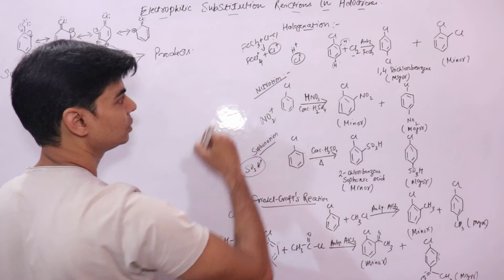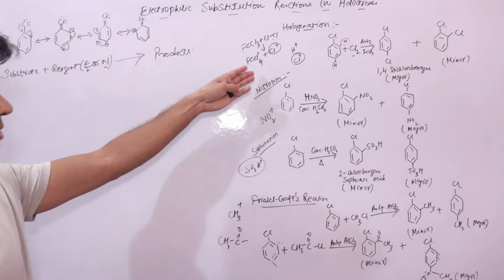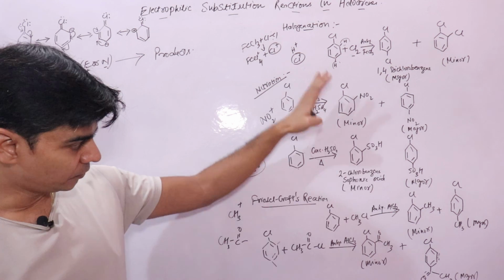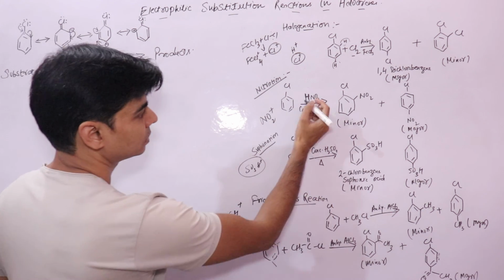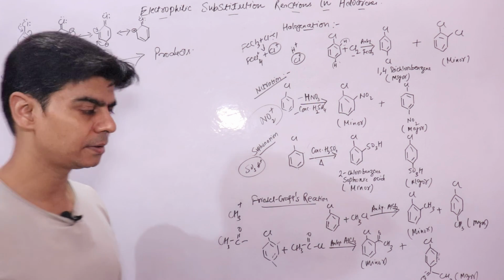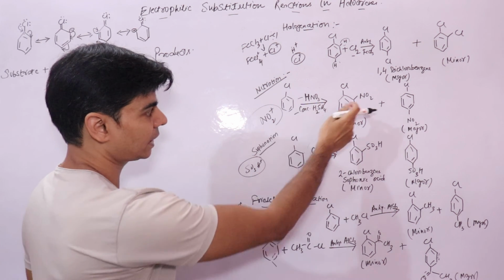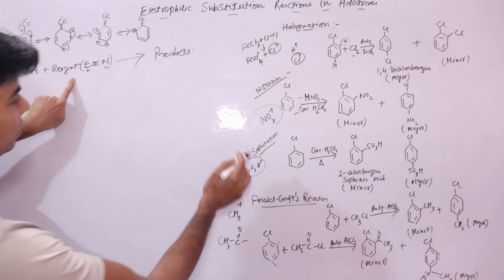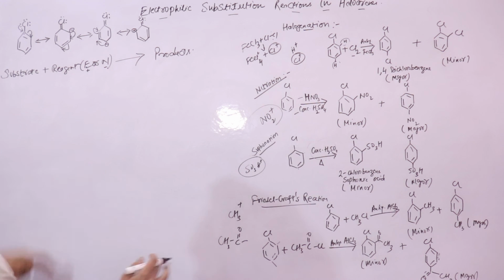This is your electrophile. This is how these reagents will form electrophiles. Similar with other reactions, where nitric acid and sulfuric acid will react to form nitronium ion, and this will attack the benzene ring. So a reaction is between a substrate molecule, a reagent which will form your electrophile in these reactions, and a product. All these three things are important to understand.